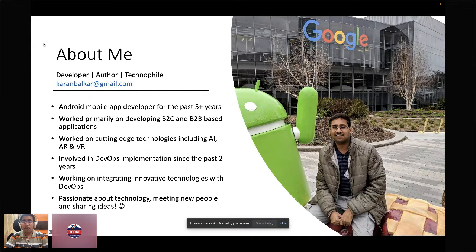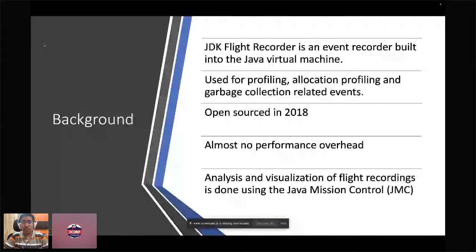Now, for those of you who have heard about the Java Flight Recorder, or for those of you who are not aware, I would like to give you a slight background. The JDK Flight Recorder was basically an event recorder that was introduced way back into the Java virtual machine. It was a part of JEP, Java Enhancement Proposal number 328, and that is where it all started.